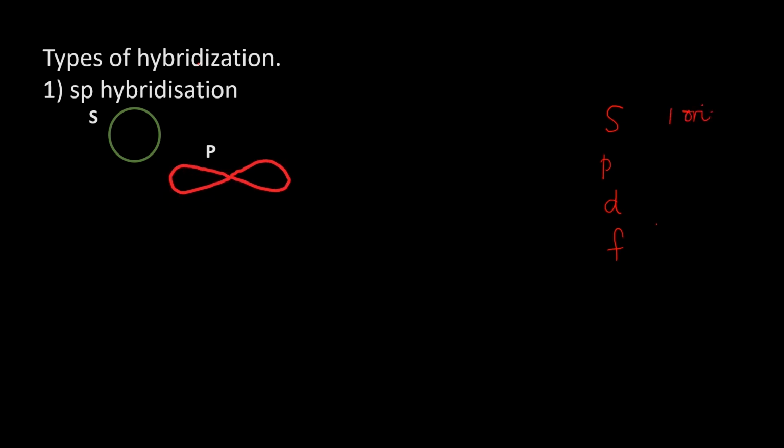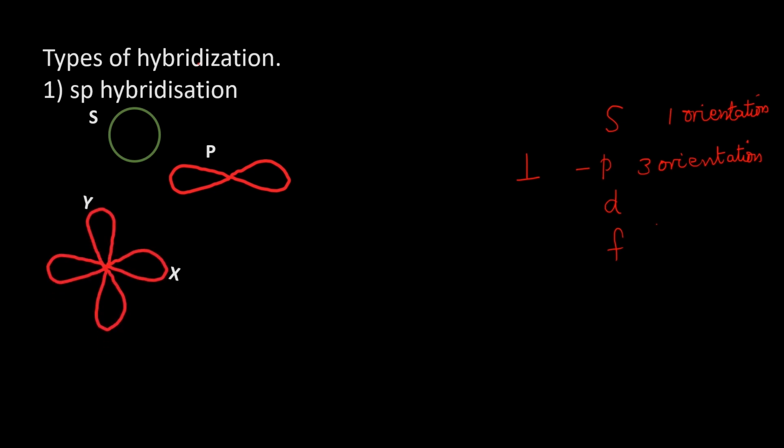The s orbital has only one orientation, whereas the p orbital has three orientations. These three orientations are mutually perpendicular. One will be in the x direction, another orientation along the y-axis, and the third one along the z direction.